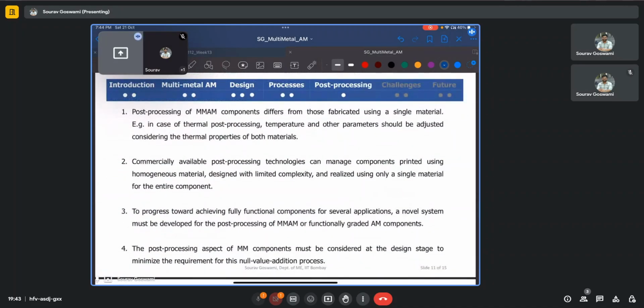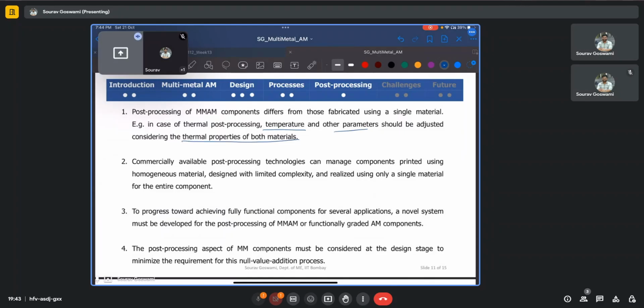So the post-processing for multi-material additive manufacturing actually differs from that of mono-material additive manufacturing in the sense that the thermal post-processing, say the temperature and other parameters such as dwell time, have to be adjusted considering the thermal properties of both the materials. So some sort of optimized or middle of the road parameters have to be used.